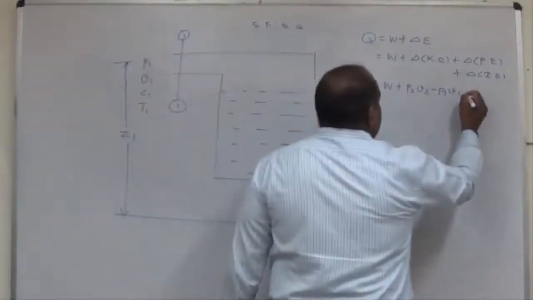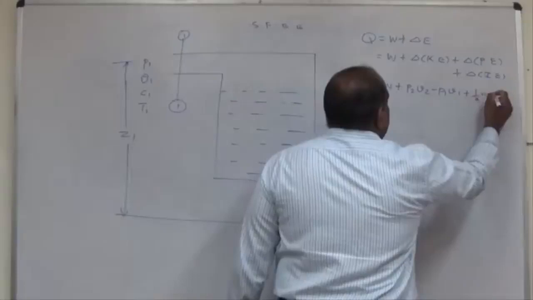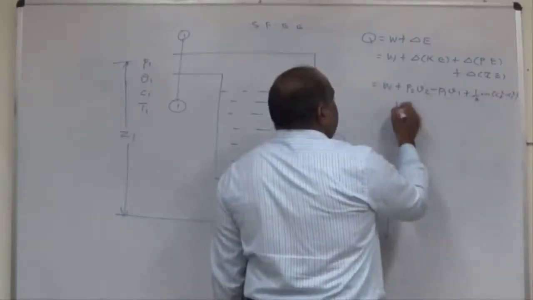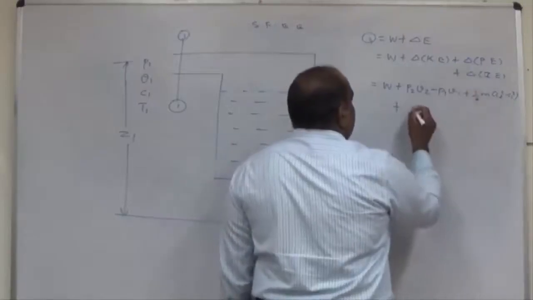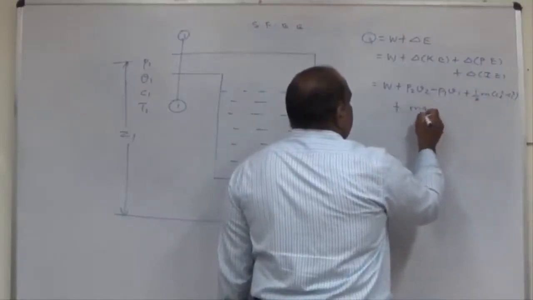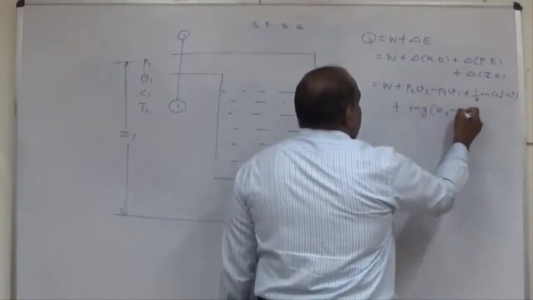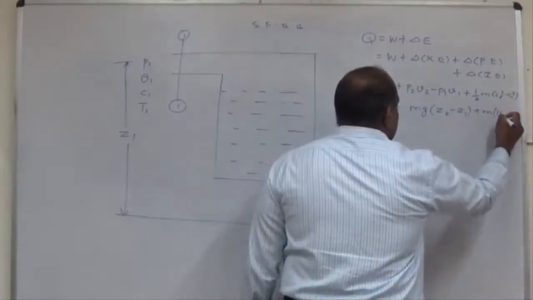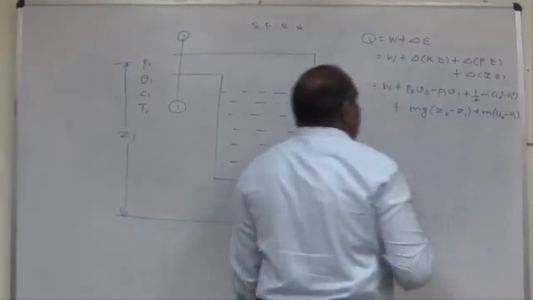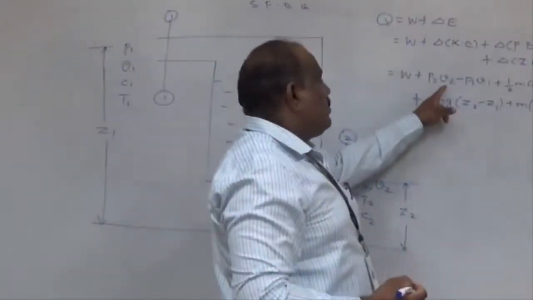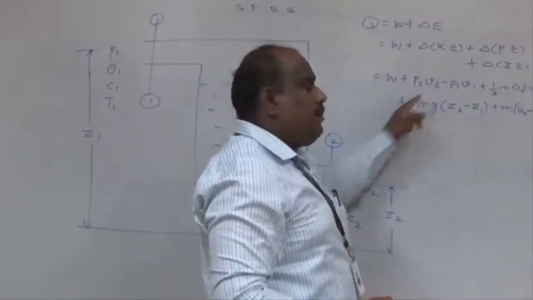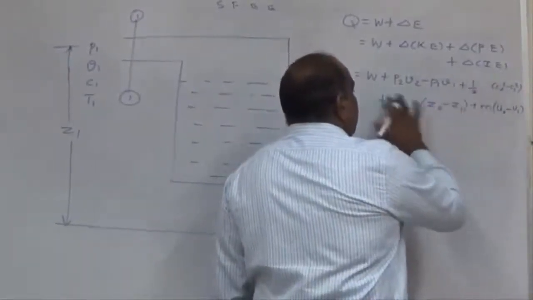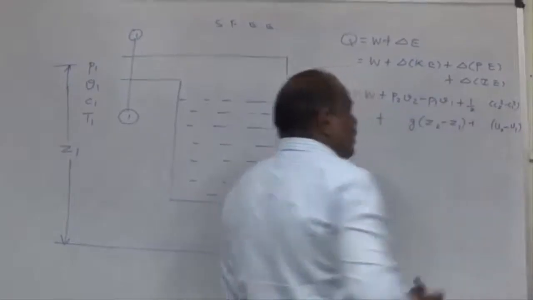The kinetic energy is given by half m into C2 squared minus C1 squared. The potential energy is given by m g into Z2 minus Z1. And the internal energy is given by m into U2 minus U1. When I use V as a specific volume, it means the mass is 1 kilogram, so there is no need to put the mass because it's understood to be 1.